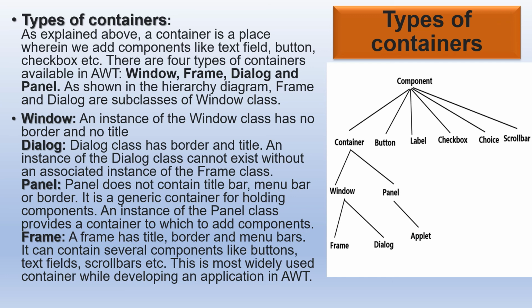It can contain several components like buttons, text fields, scroll bars, etc. This is the most widely used container while developing an application in AWT. What is that? That is frame. The frame is used very widely in developing any AWT application.